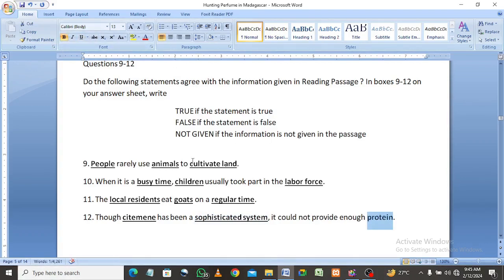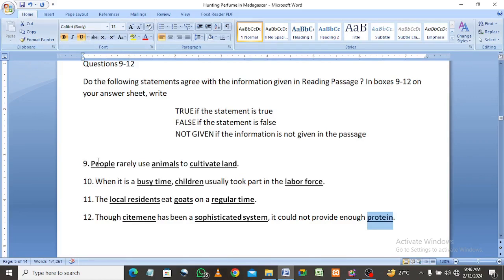So these are the scanning keywords that I have underlined, because, as I told you last time, the function of them is to help me identify the exact sentence I'm to focus more on.